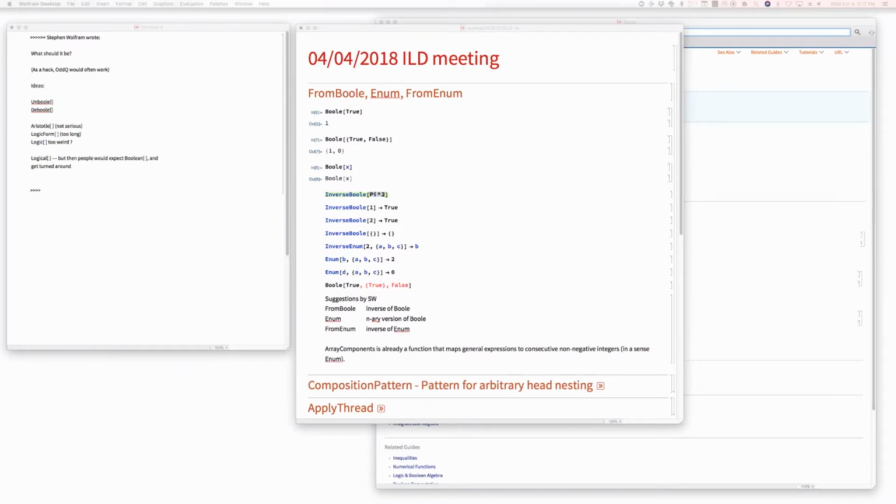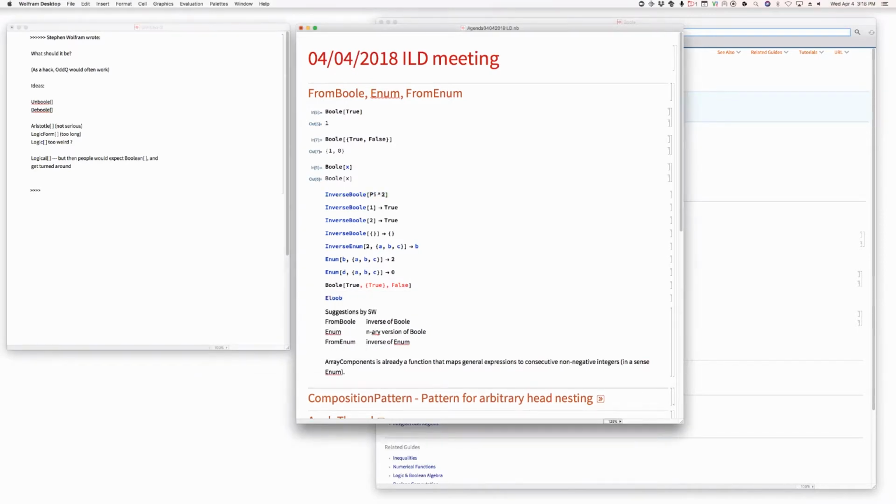Okay, someone is suggesting on chat, Sander is suggesting eloob, which is funny but not useful for inverse bool. Okay. Gosh, can we see any other better name?